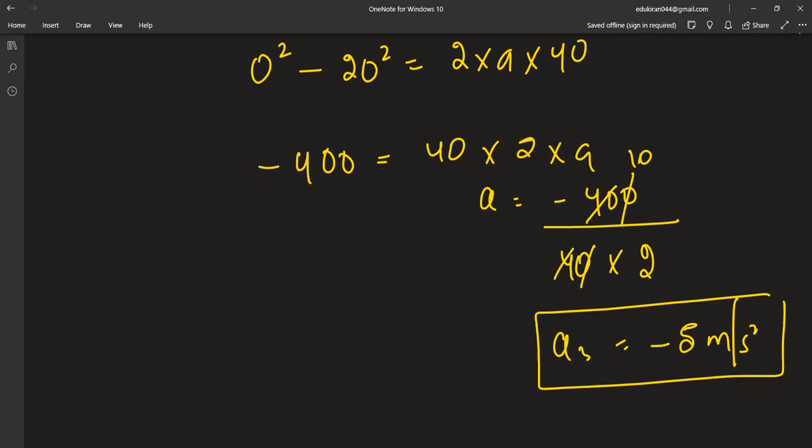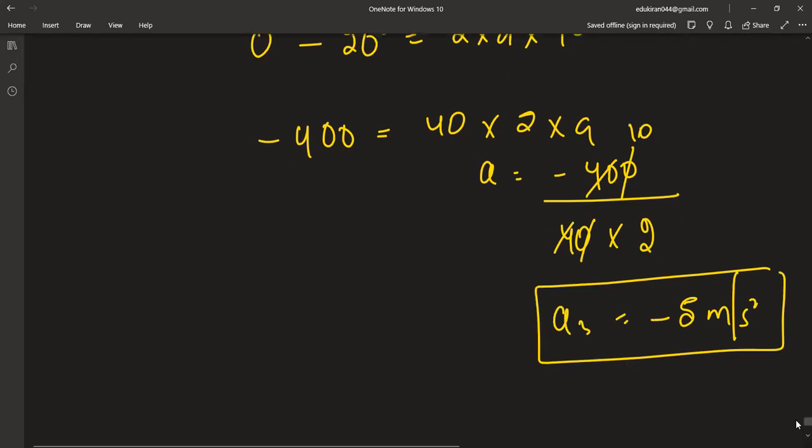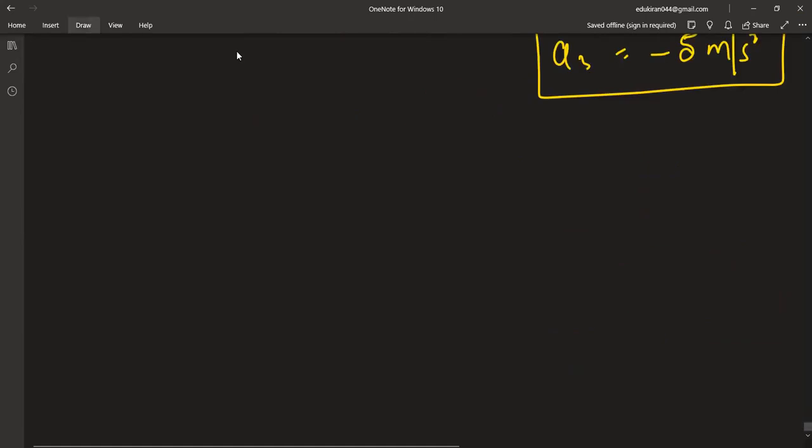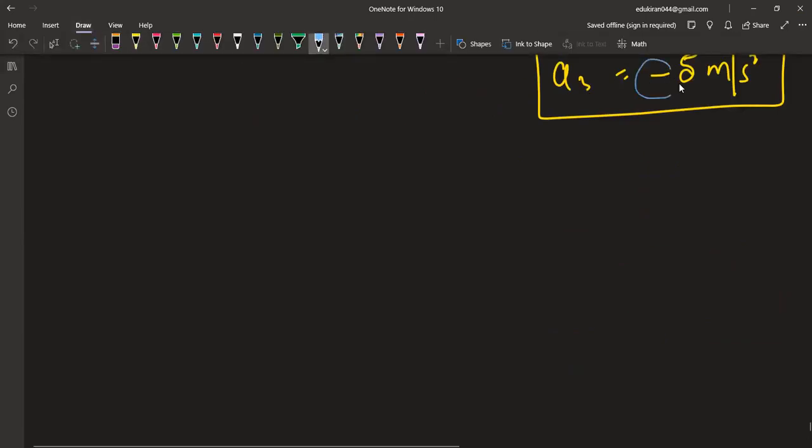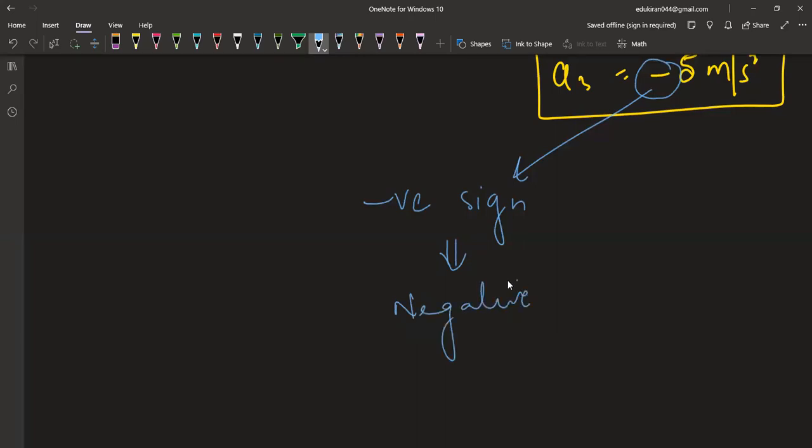Now, the question that arises is, why is this acceleration's value coming so negative? Why is there a negative? So basically, this negative sign tells you the fact that this is negative acceleration, which is called as the retardation.